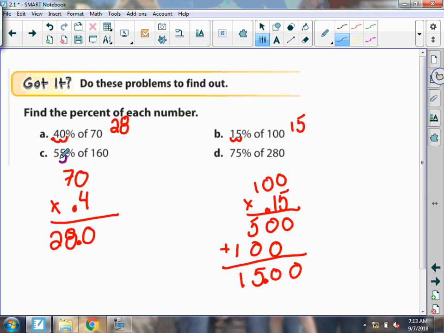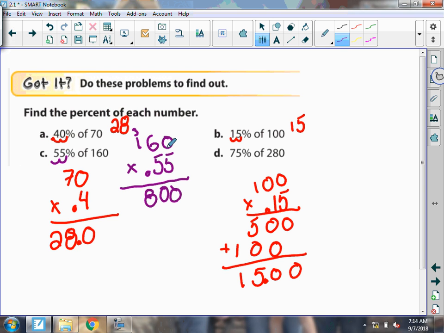Okay, C, 55% of 160. So we move our decimal 2 places to the left. So that will be 0.55. I'm going to multiply that by 160. Put 160 on the top since it's longer. 5 times 0 is 0. 5 times 6 is 30. 5 times 1 is 5, plus 3 is 8.